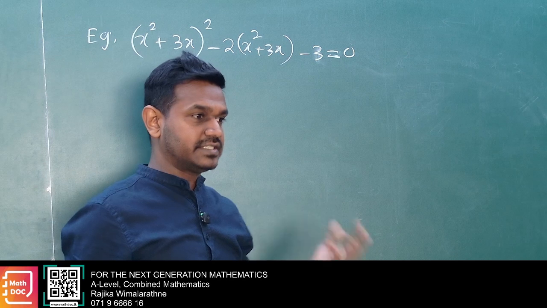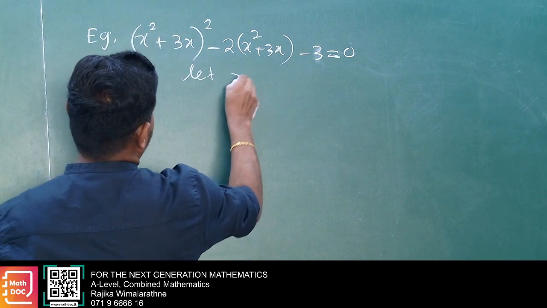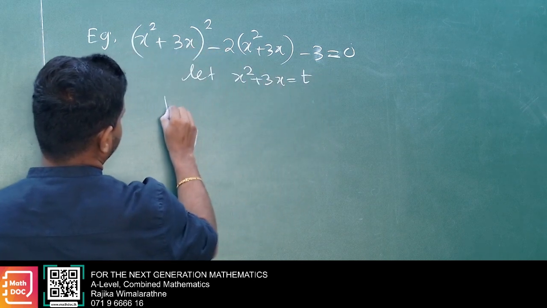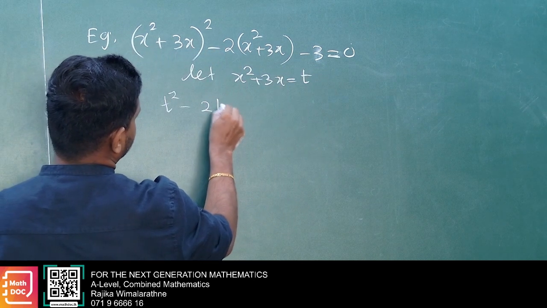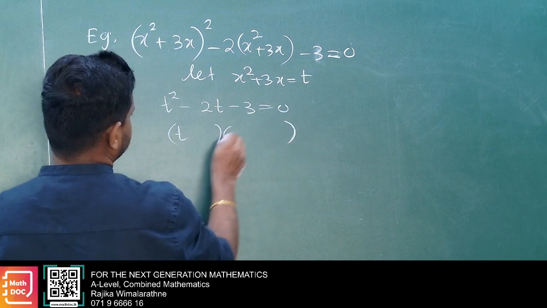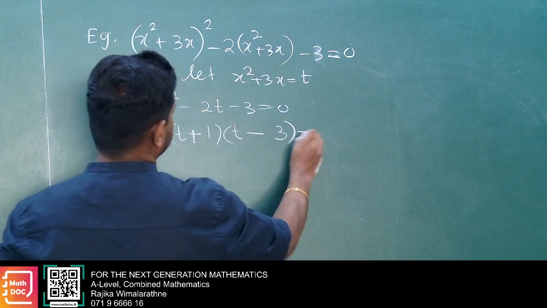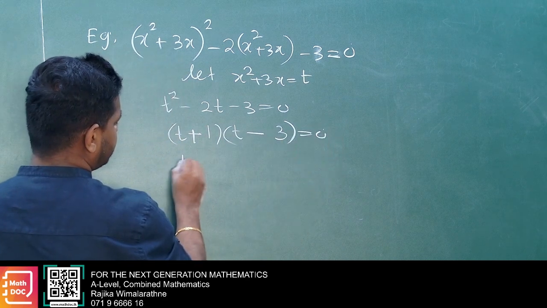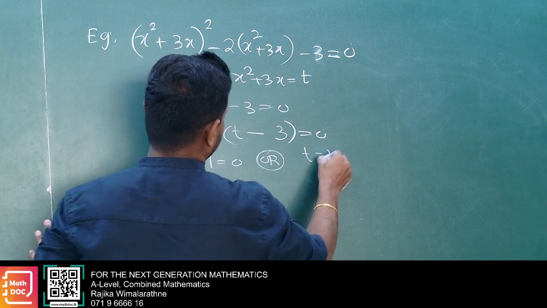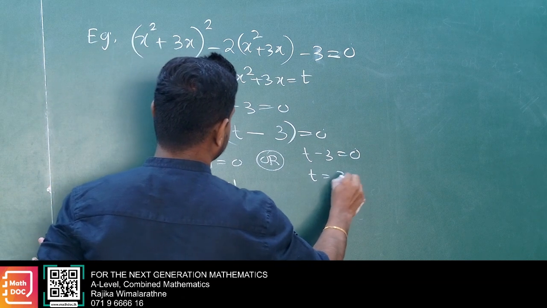The better substitution is x squared plus 3x. Then let x squared plus 3x equal t. Put it here: t squared minus 2t minus 3 equals 0. Then factorize: t plus 1 equals 0 or t minus 3 equals 0, so t equals minus 1 or t equals 3.